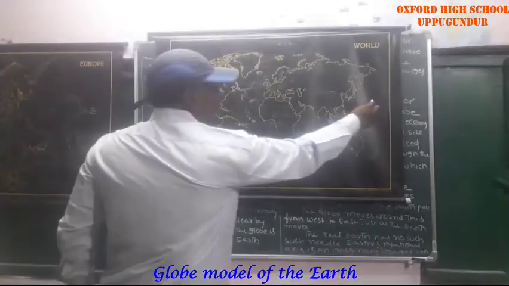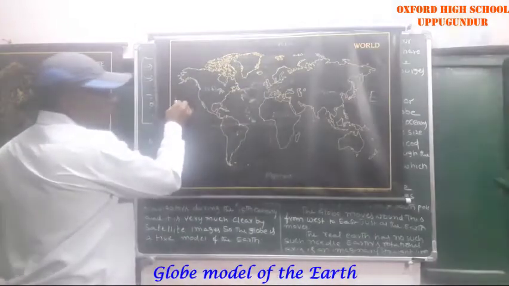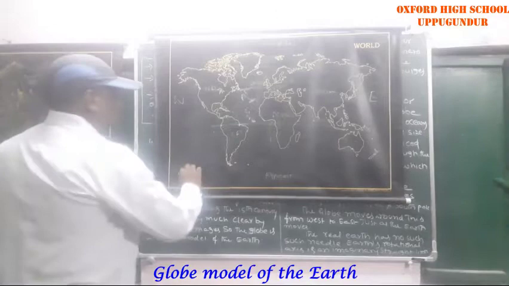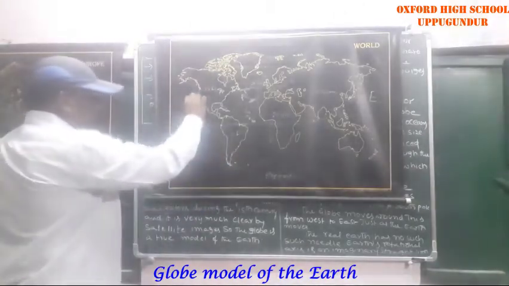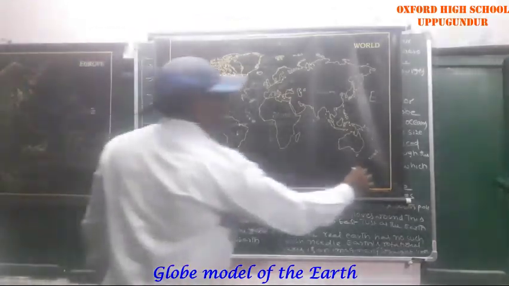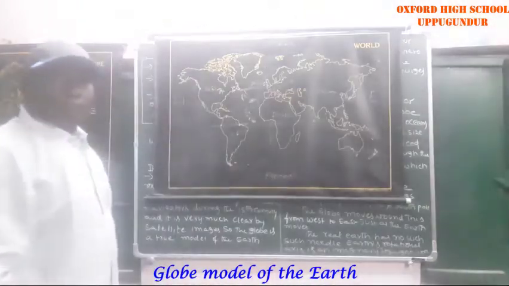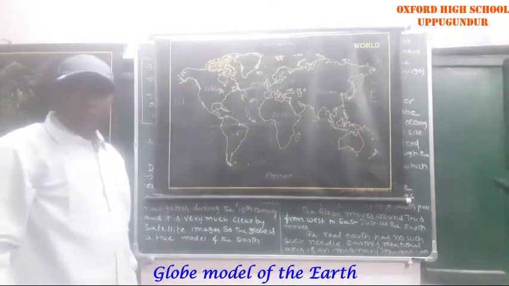This is the east side of the world map. This is the west side of the world map. Here one ocean is located. Please identify the name of that ocean.